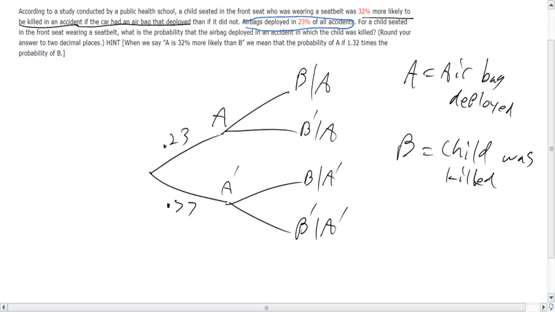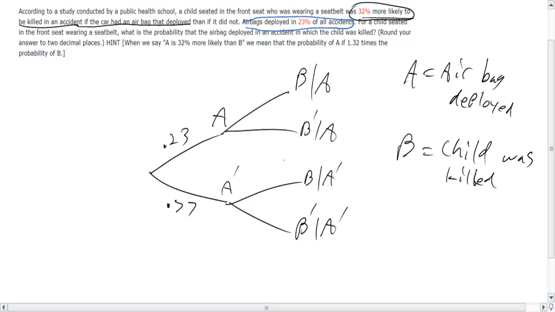Now this is where these problems become interesting, and the goal on the previous problem was for you to realize how this is working out. The fun part here is it's saying that they're 32% more likely to be killed if the airbag deployed. So what I'm going to do is define the other option, where if the airbag did not deploy, how likely would they be killed?